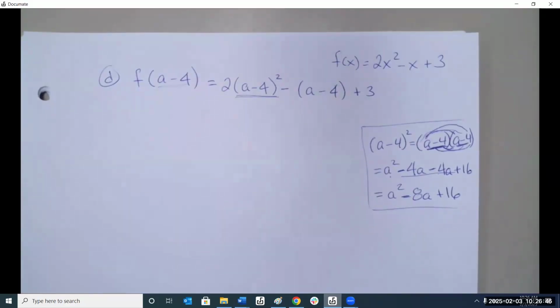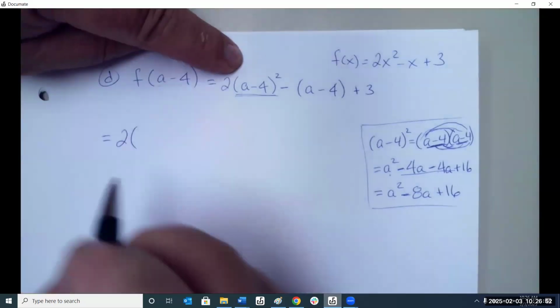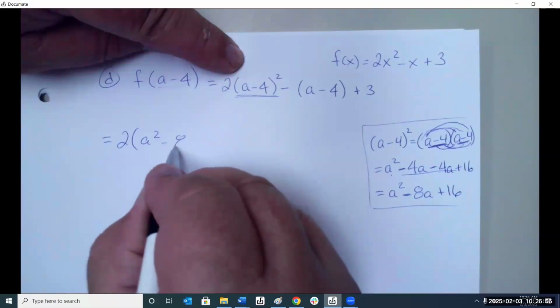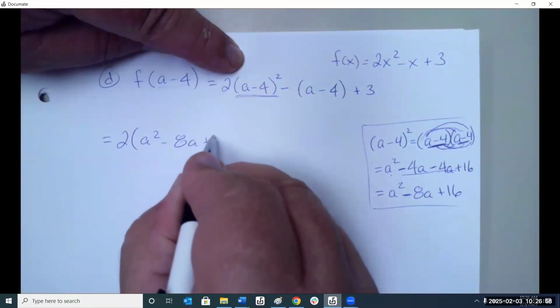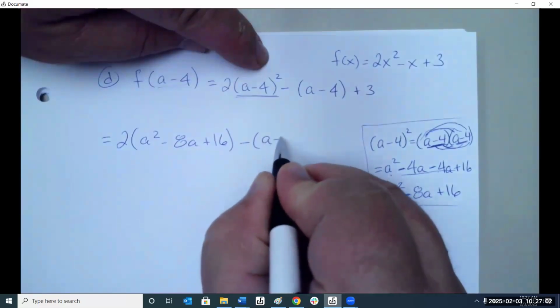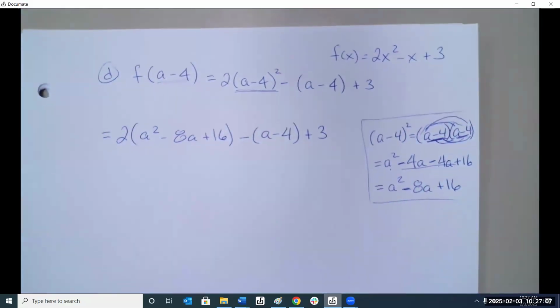But they threw it in chapter 1. I don't know why. So this gives us a minus 4 squared becomes a squared minus 8a plus 16, minus (a minus 4) plus 3.